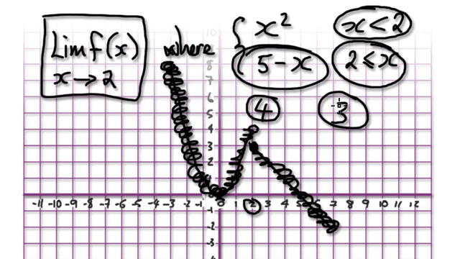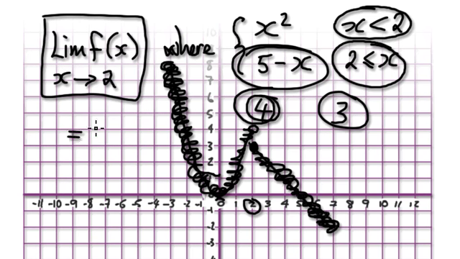You see, in order for a limit to exist, you have to head towards the same point from the left-hand side and from the right-hand side here. Well, here we've got a case where from the left-hand side we are approaching 4, and then from the right-hand side we are approaching 3.